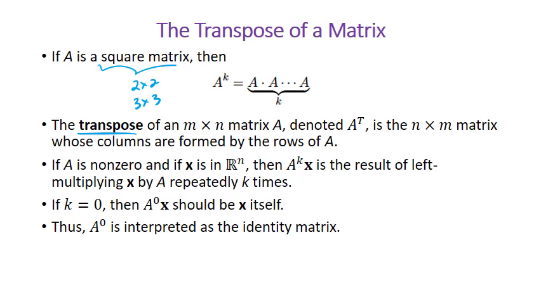The transpose of some matrix A is written as A with a T that looks like an exponent, but it's solely notation. And basically what happens is the rows of the matrix become the columns of the transposed matrix.